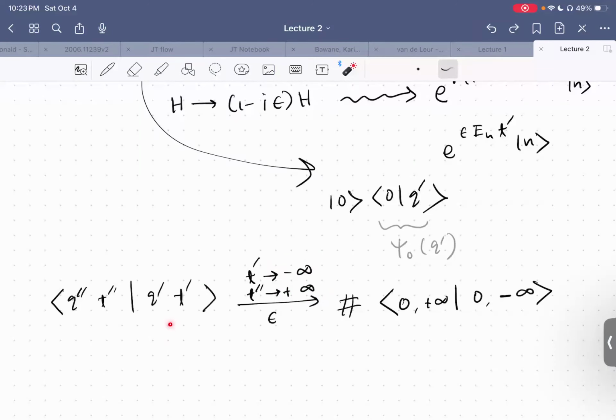So as long as you're computing a transition amplitude that spans an infinite amount of time, both in past and in the future, then this transition amplitude is always proportional to the vacuum transition amplitude. You don't have to worry about the boundary conditions anymore. It's always vacuum, yes. As long as, again, you have to remember that you have to start from infinite past and go to infinite future for that to be true.